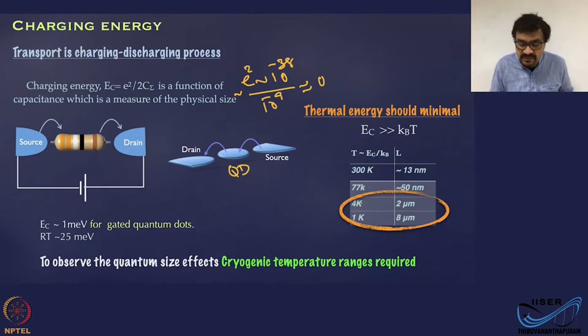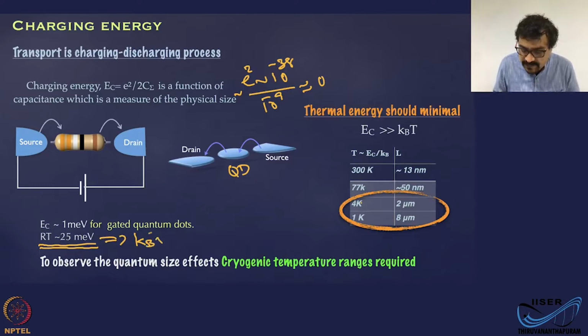And just to give you a reference, room temperature is something like 25 milli electron volt. That is the energy of room temperature, that is the kBT for room temperature.